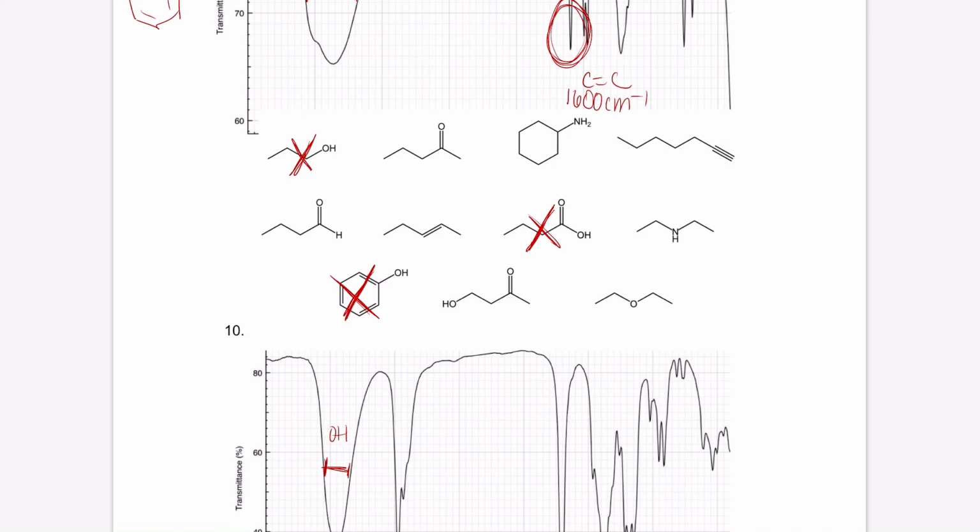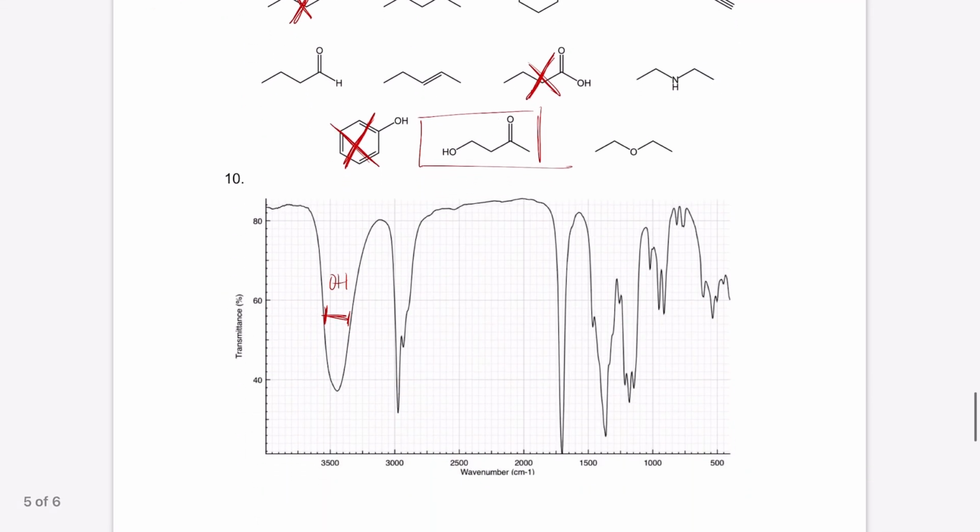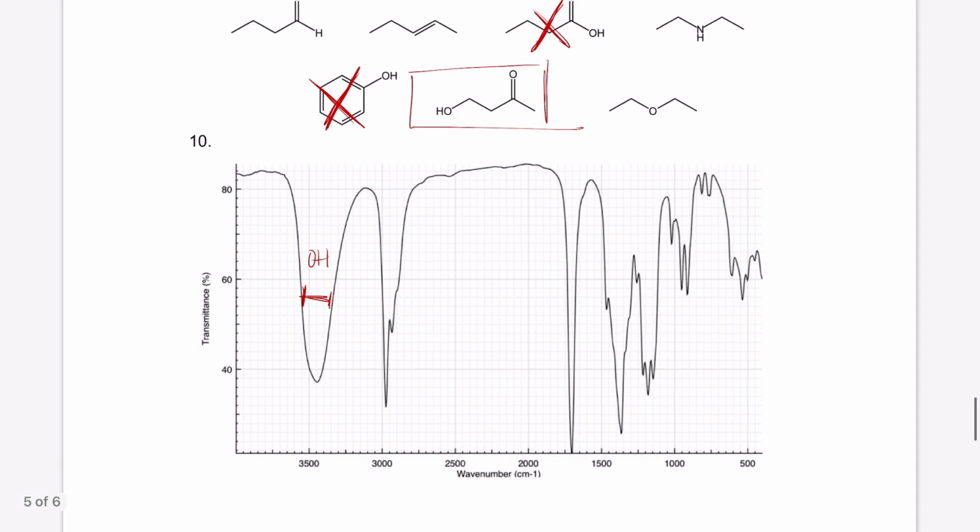So through process of elimination, we could say that this would be our answer choice and we could move on. But to prove that this is our answer, here we could see the band at 1700. So this is our carbonyl group.